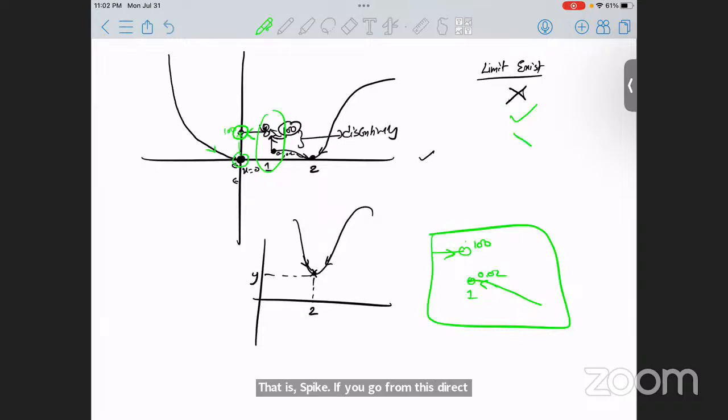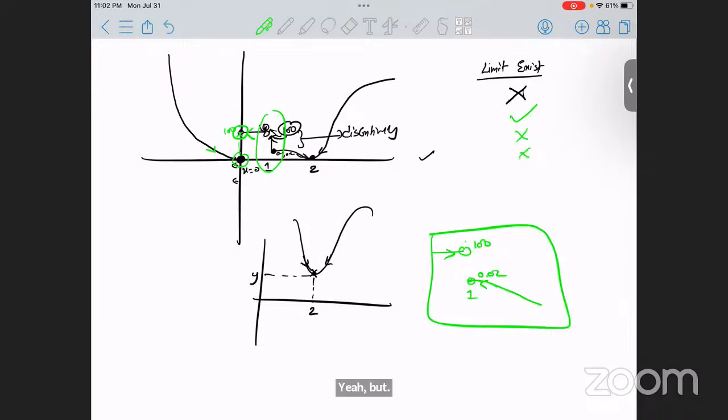So the limit does not exist, because the left-hand limit and the right-hand limit are not equal. Okay, clear?